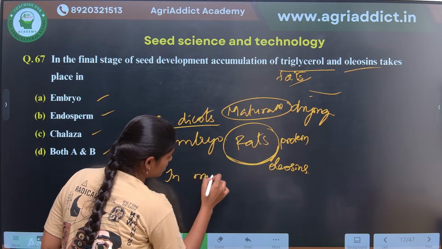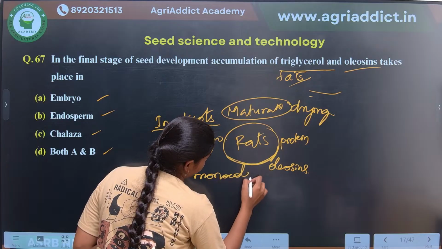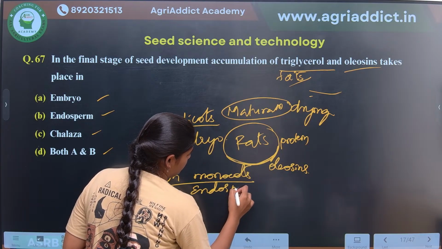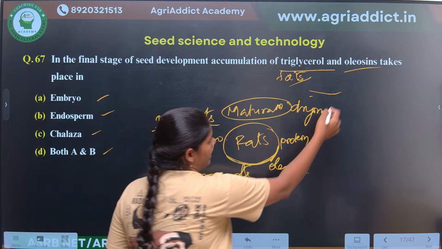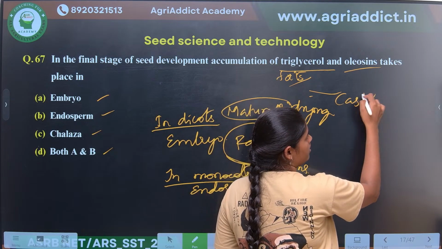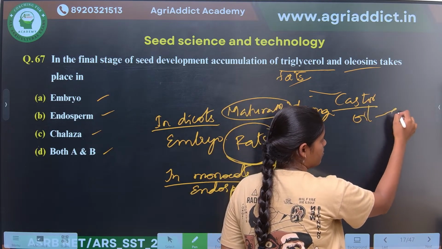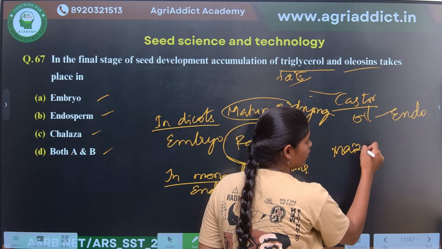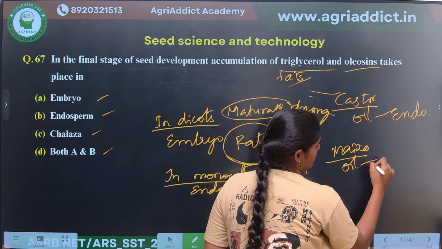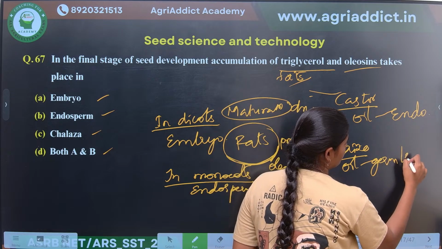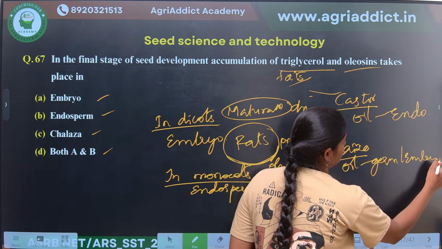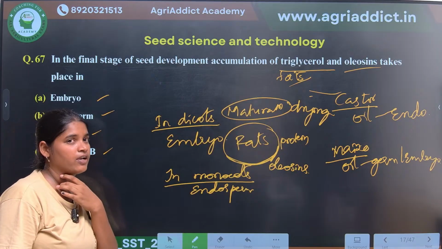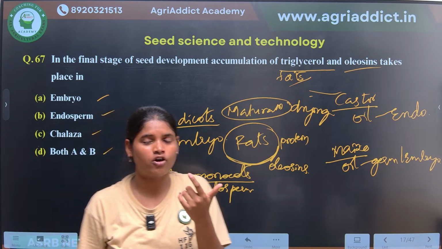In monocots, it is the endosperm, right? But I'll tell you some exceptions. In castor, majorly the oil is present in the endosperm, and in maize, the monocot, the oil is present in the germ. Germ means embryo. If they ask specifically, whether it is dicot or monocot, you just go by that.